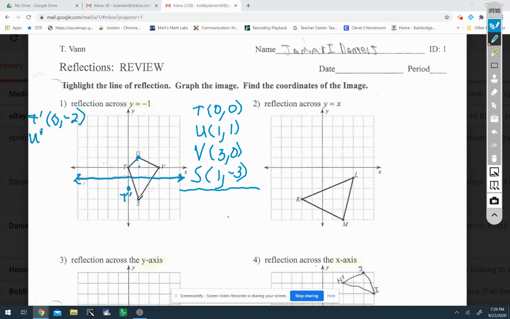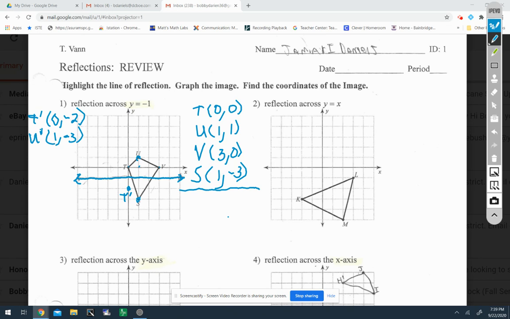So U actually goes here. So this ordered pair is 1 over, so I'm going to put a 1, and it'd be down 1, 2, 3. This is -3. So U moved from 1, 1 to 1, -3.